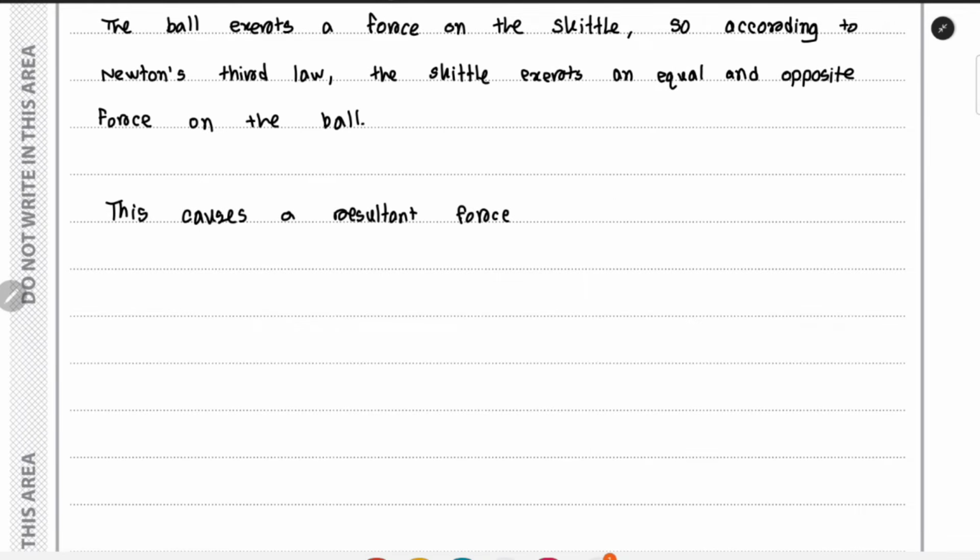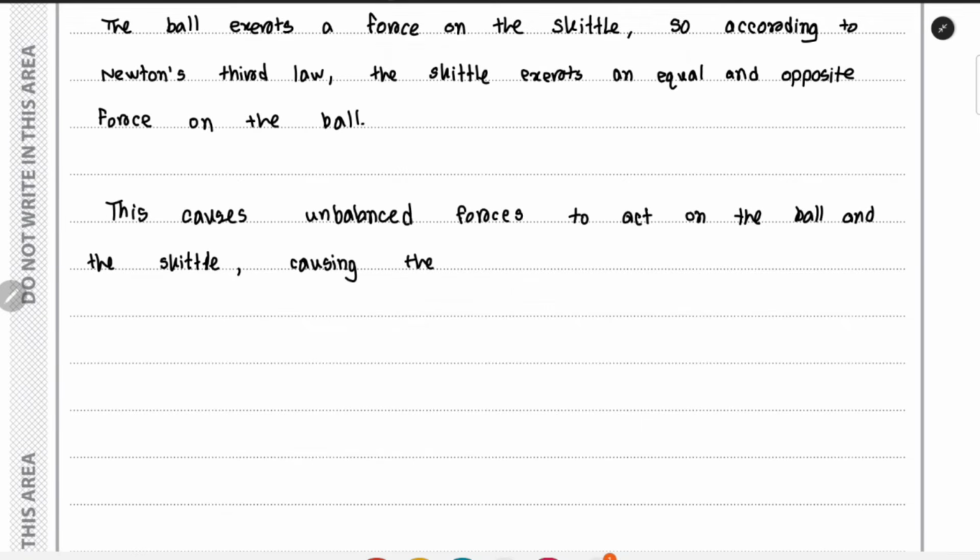This causes resultant forces or unbalanced forces, causing them to accelerate according to Newton's second law, which states this.